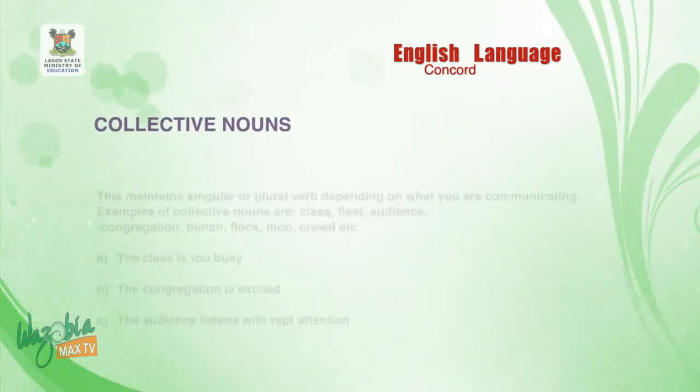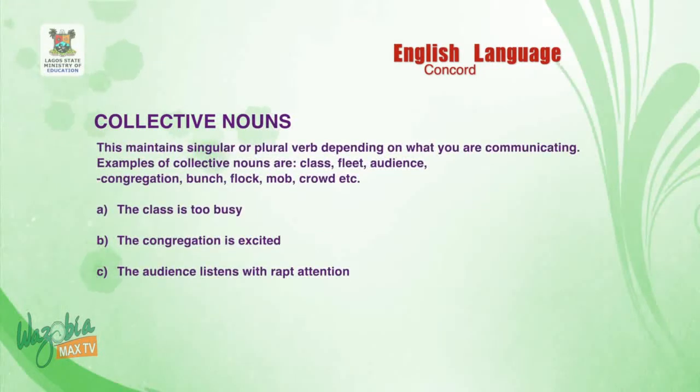Collective nouns may take a singular or plural verb depending on what you are communicating. Examples of collective nouns are class, fleet, audience, congregation, bunch, flock, mob, crowd, just to mention a few. The class is too busy.